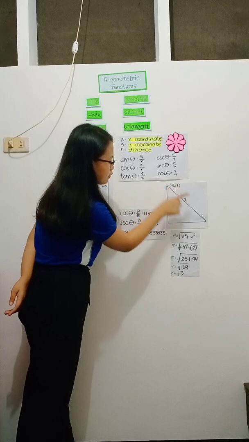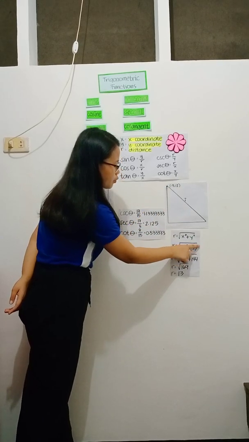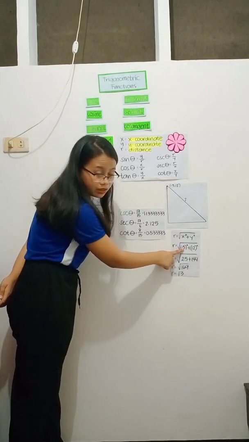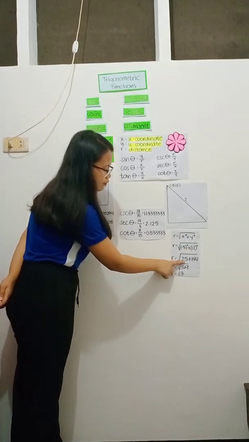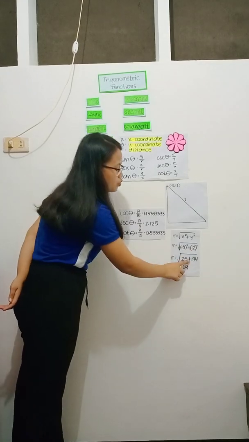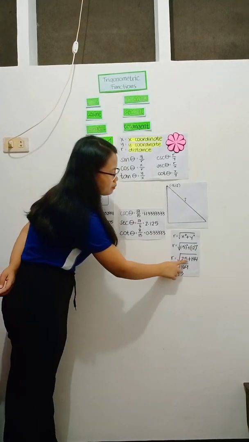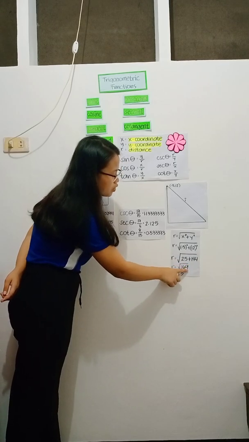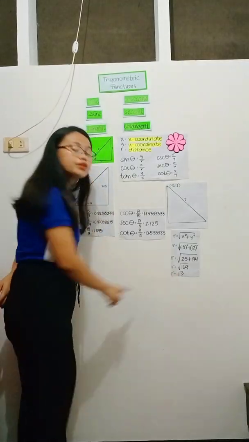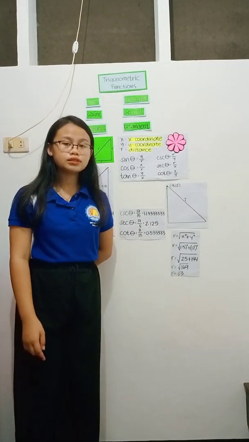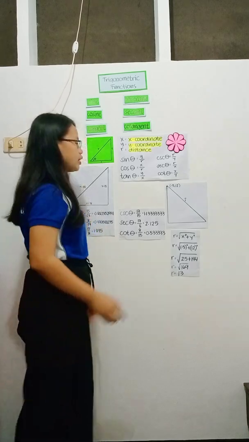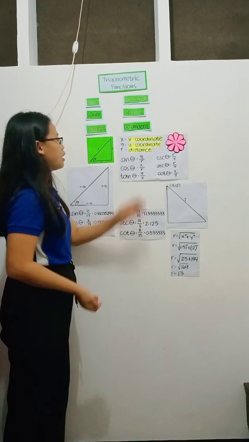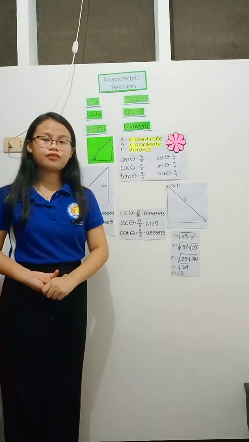For y, we have 12, so substitute 12 squared. Negative 5 times negative 5 equals 25. 12 times 12 is 144. So 25 plus 144 is 169, and the square root of 169 is 13. Therefore, r or the distance is 13. Now we have the value of r, so we can get the 6 trigonometric functions.